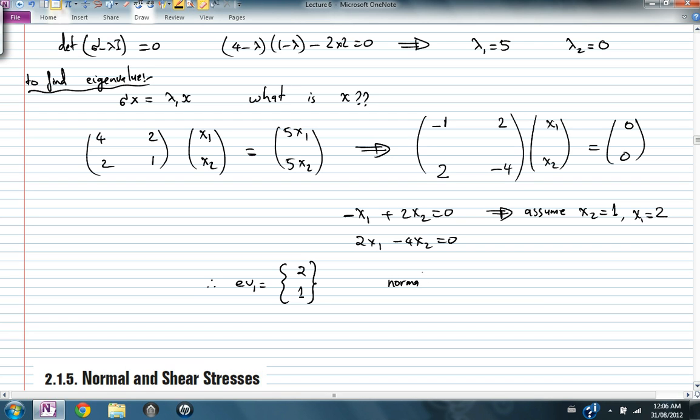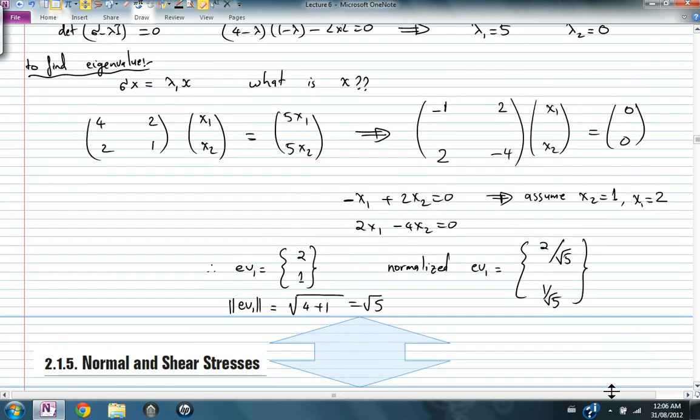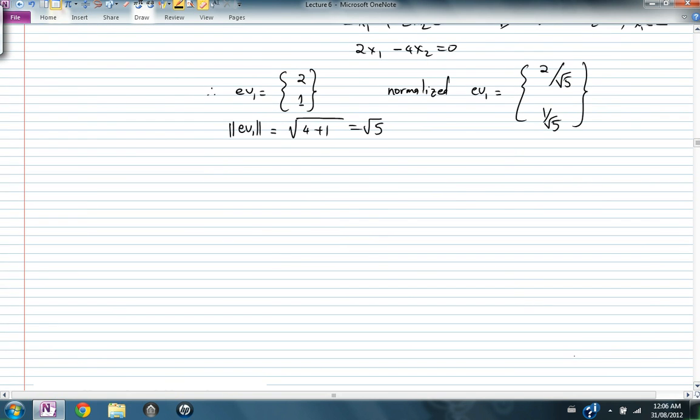Normalized eigenvector 1 will be equal to (2, 1) divided by the norm, and the norm is equal to the square root of 4 plus 1, which is the square root of 5. So 2 divided by square root of 5, 1 divided by square root of 5. The second eigenvector, same procedure.